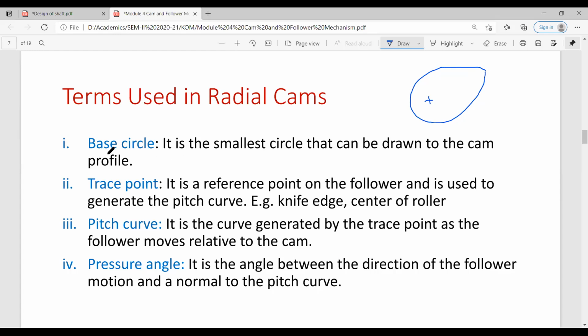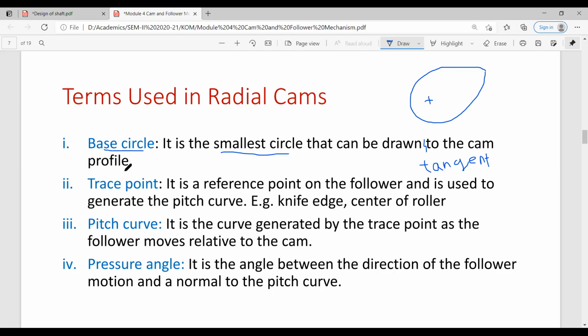So what is the definition of base circle? It is the smallest circle that can be drawn. One word is missing: that can be drawn tangent, right? So this word should be added here: that can be drawn tangent to the cam profile.